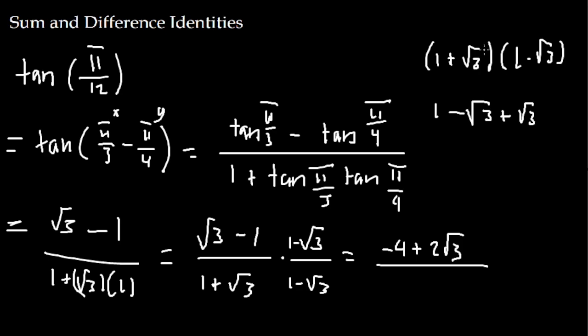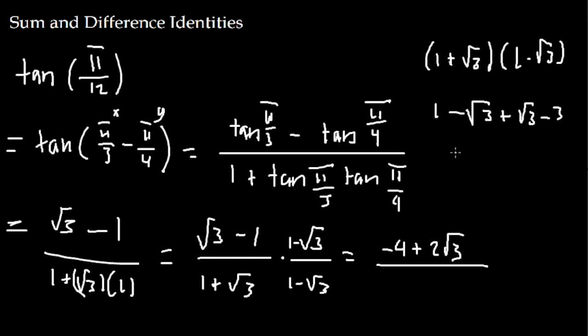Then lastly, square root of 3 times negative square root of 3 is negative square root of 9, or negative 3. Now, let us simplify.